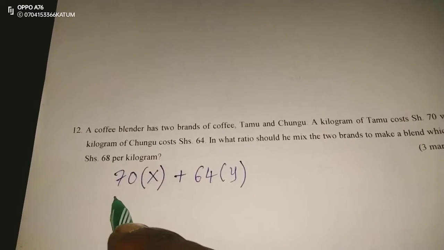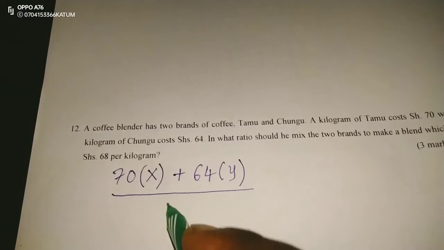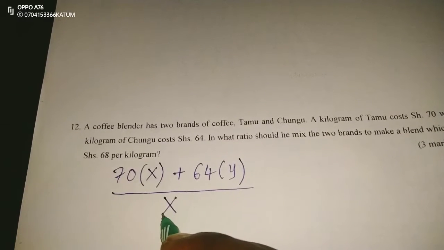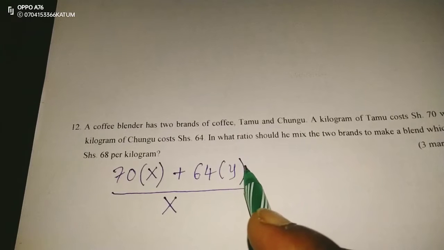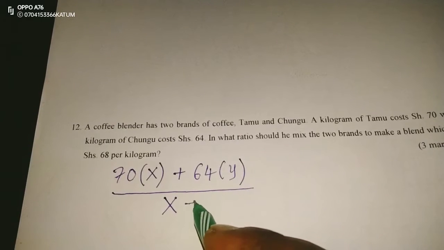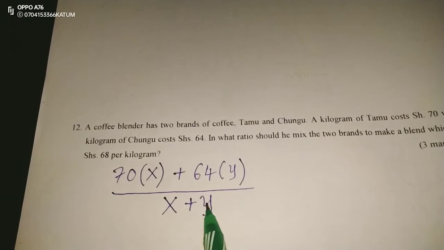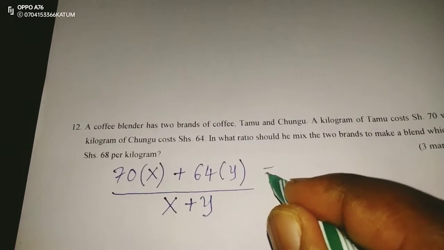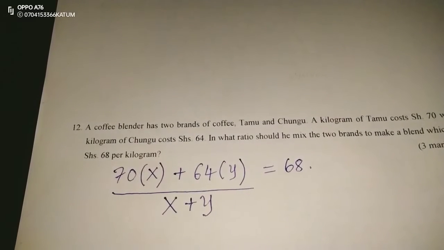Then a kilogram of the mixture is going to cost 68. That means this will be the total cost of the coffee in the mixture. But when we divide by the number of kilograms, that is X plus Y, we will get the cost per kilogram.